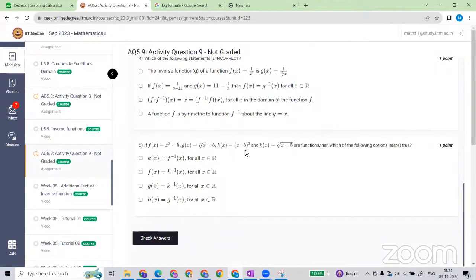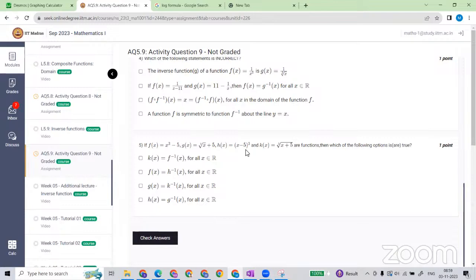What's your doubt here? Sir, how to solve this question? So f(x) is given, g(x) is given, h(x) is given, k(x) is this one. So inverse is being asked, no? What is going to be the f inverse?